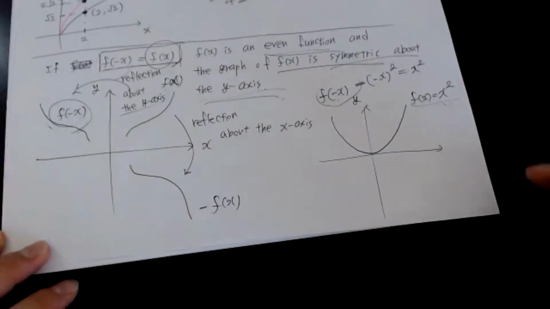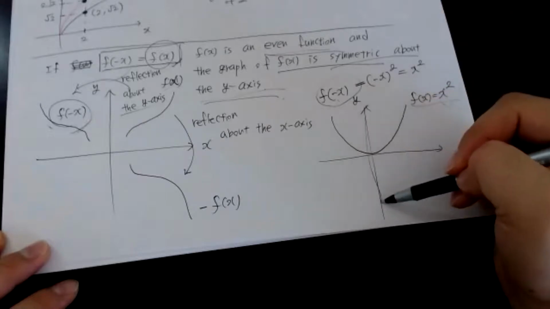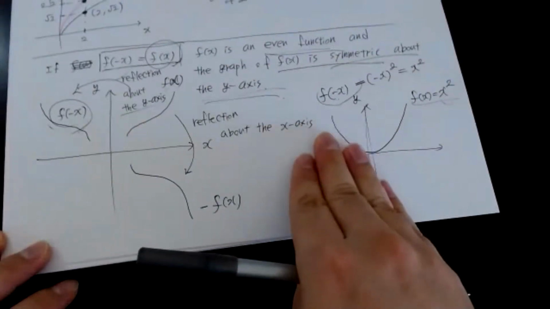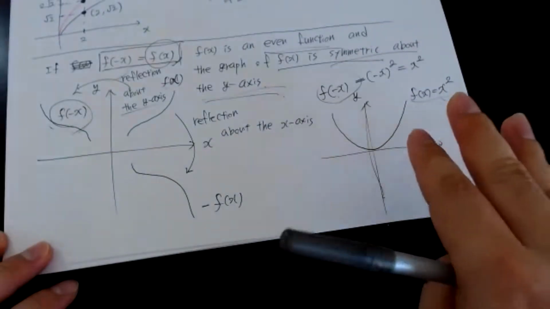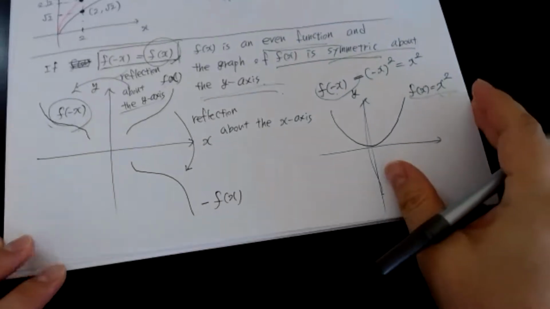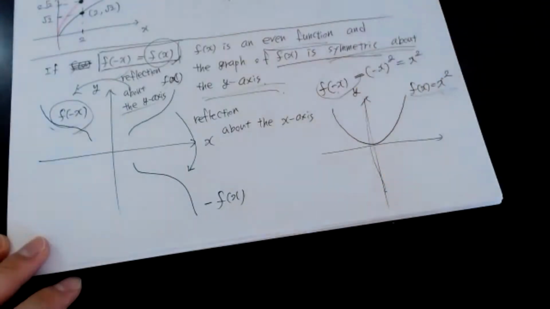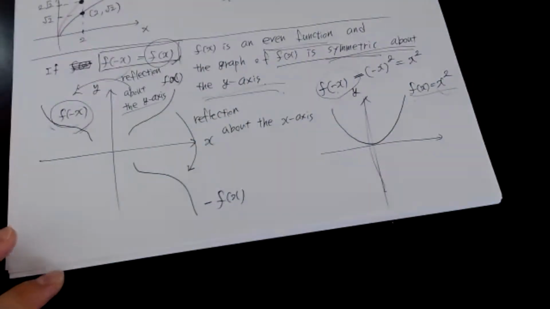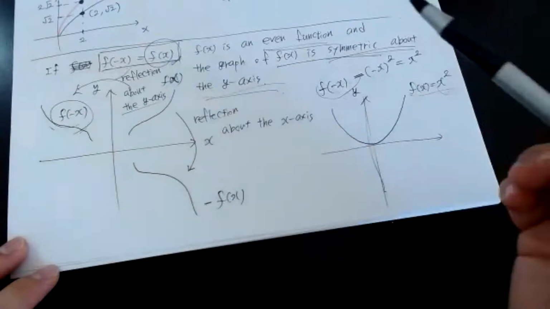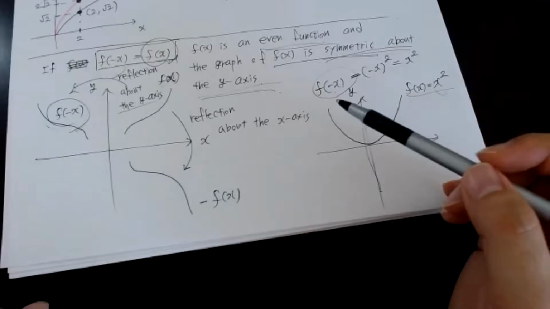Or we can say when you cut the graph in half about the y-axis and fold one side to the other side, the two halves match exactly. Either one is fine. I believe you now understand what symmetric about the y-axis means. So even function means f of negative x equals f of x, and every even function is symmetric about the y-axis. Okay, the other one is the odd function.